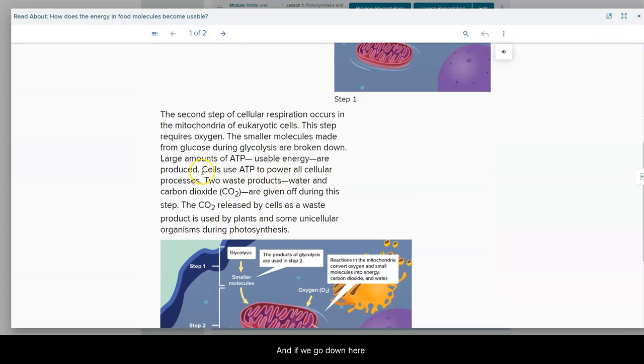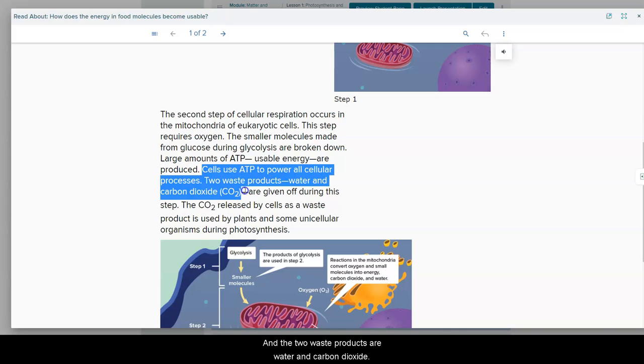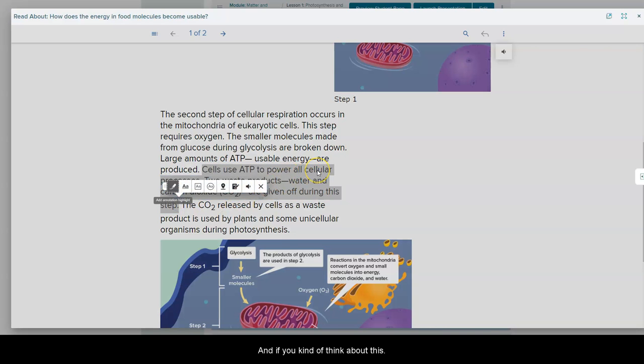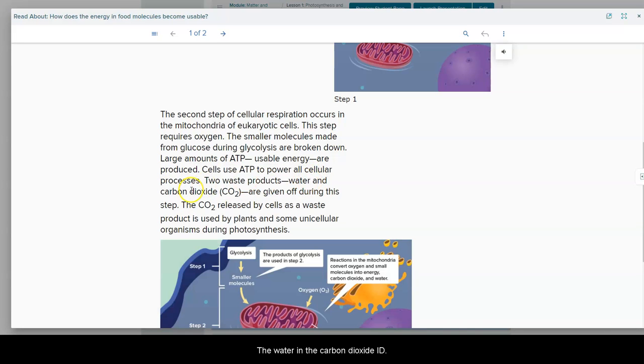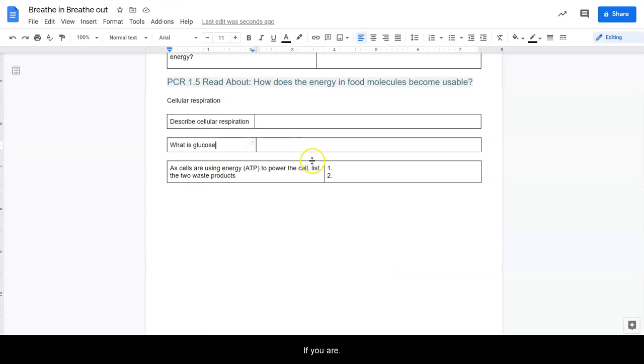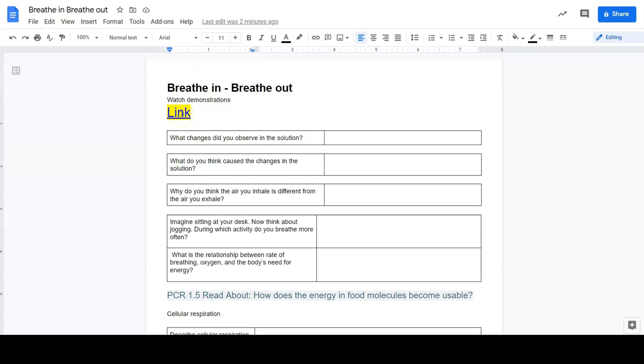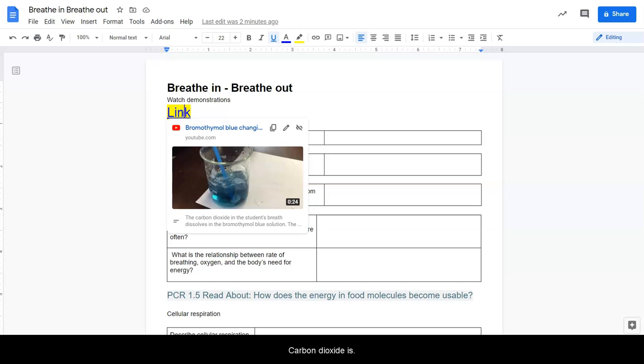And if we go down here, the cells use ATP to power the cell, and the two waste products are water and carbon dioxide. If you think about this idea, anytime you see somebody doing something vigorous, they're breathing heavy, they're exhaling carbon dioxide, which turns this chemical a yellowish green.